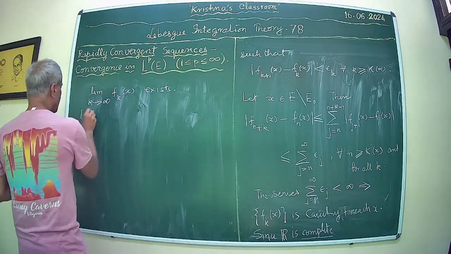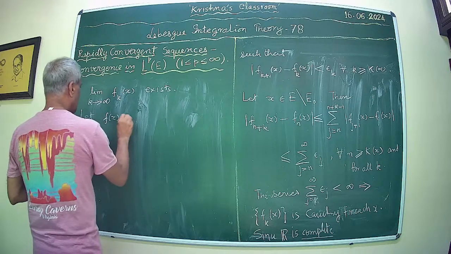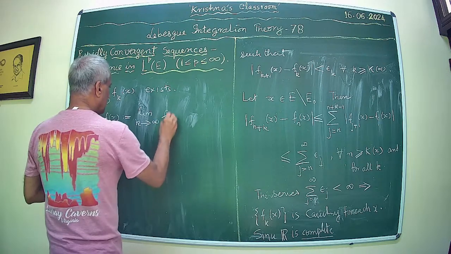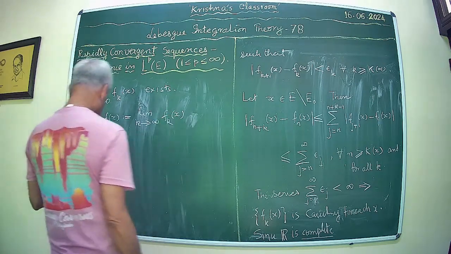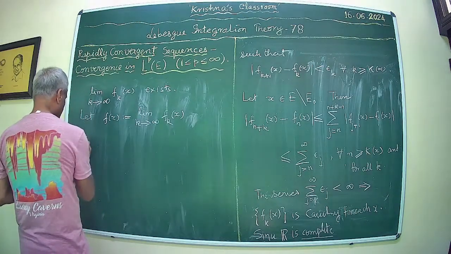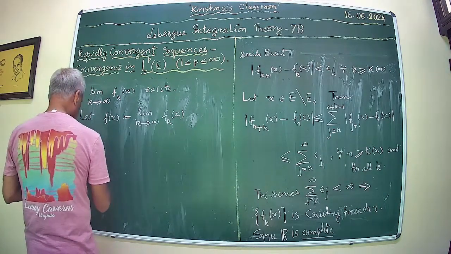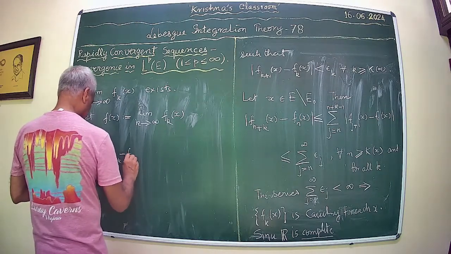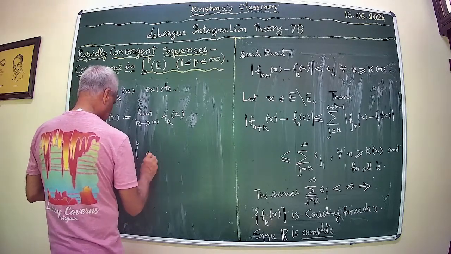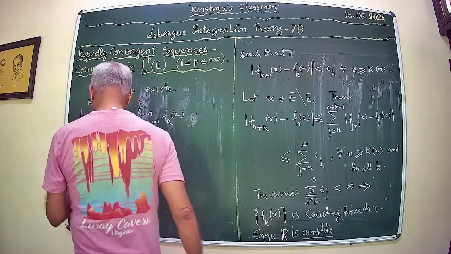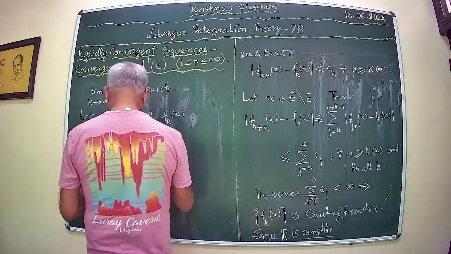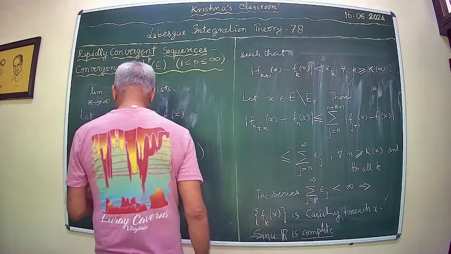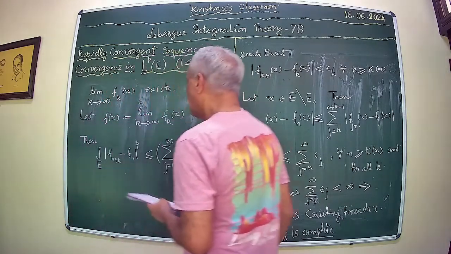Let f of x be the limit of fk of x, then integral over E to the power 2.